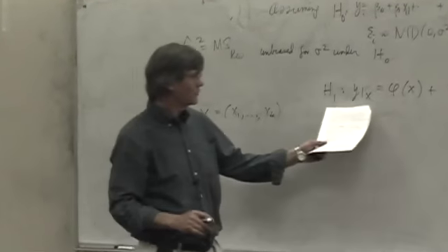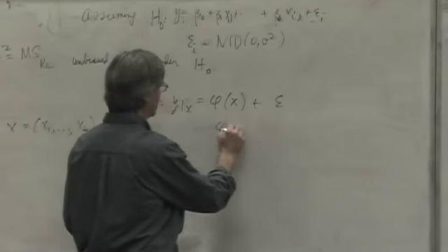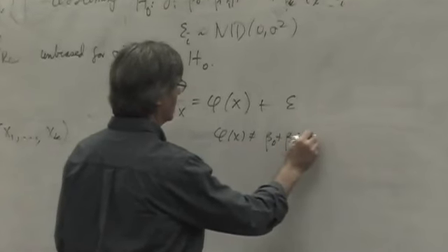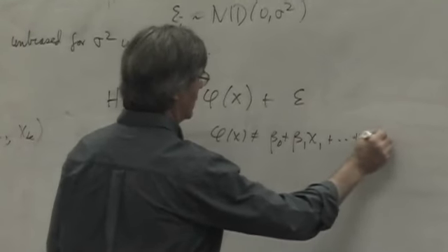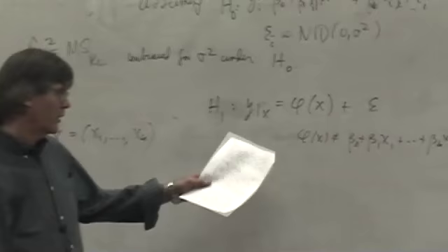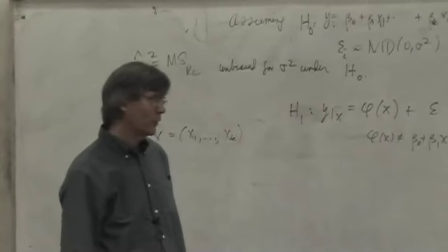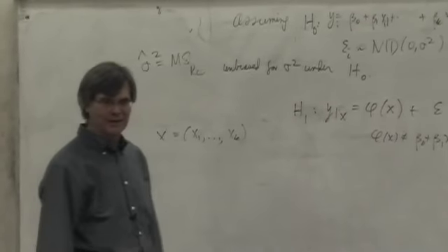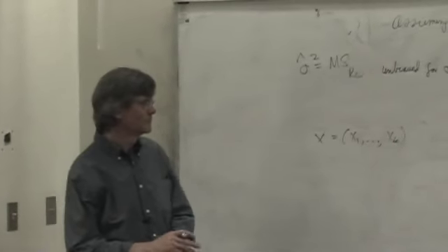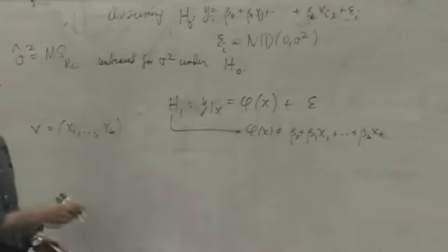Under the alternative, phi of x is not equal to beta 0 plus beta 1 and so on. Maybe there's another regressor, a squared term on one of the x's. No square on the betas, but you could have a square on the x's. This is under H1. Under H0, phi of x is equal to that.